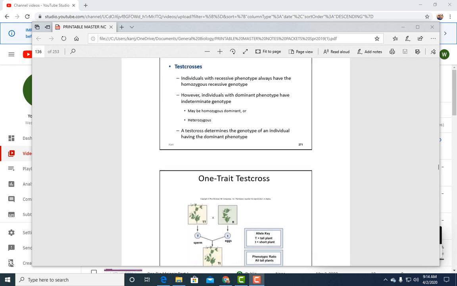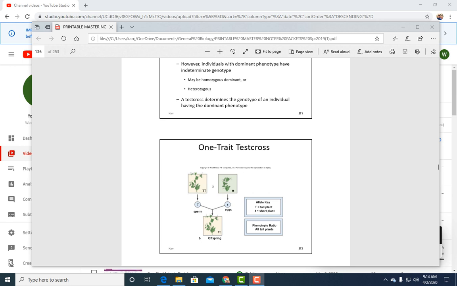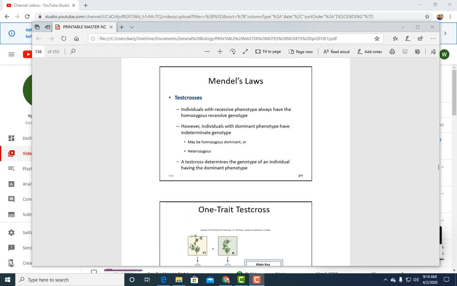For example, if we know that someone carries the dominant trait, we know they could be homozygous dominant or heterozygous. So we don't know which they are because we can't see someone's genotype, but we can see their phenotype. We know that they are exhibiting the dominant trait, because we can physically see it, but we don't know what their genotype is. So we can perform what we call a test cross.